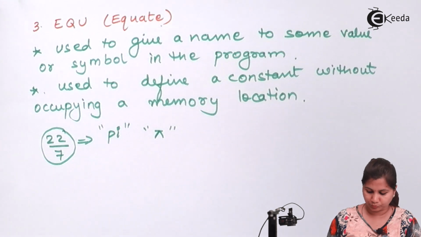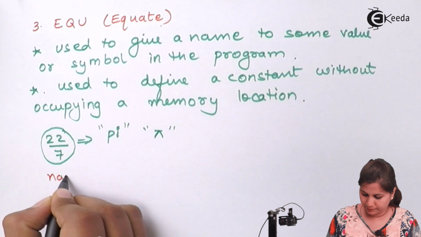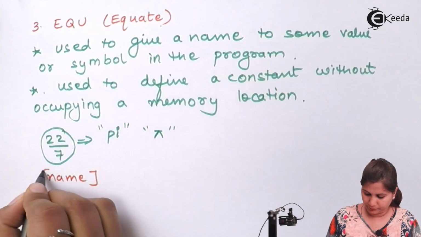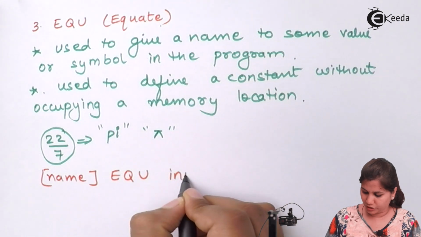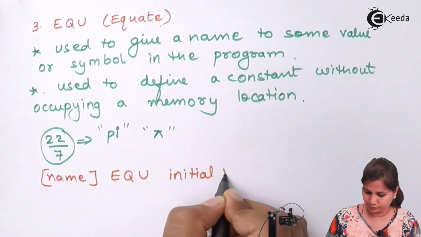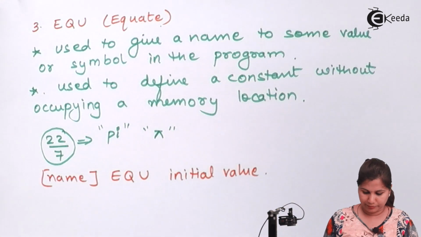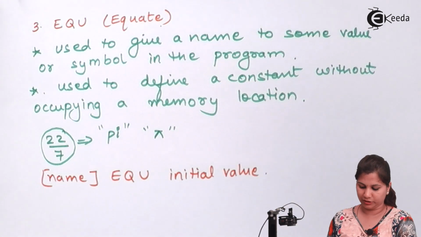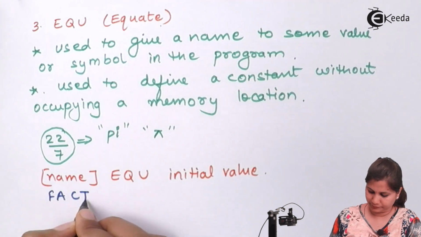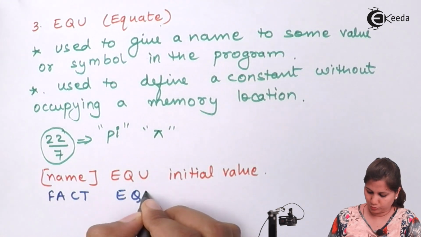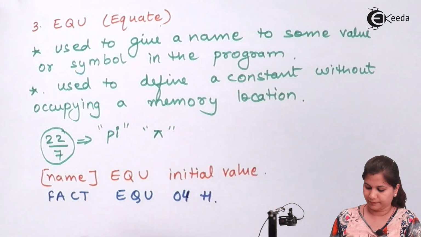Okay. Now its format is name, EQU, and then initial value. Let's take an example. Suppose that we have written fact, then EQU, and then 04H.